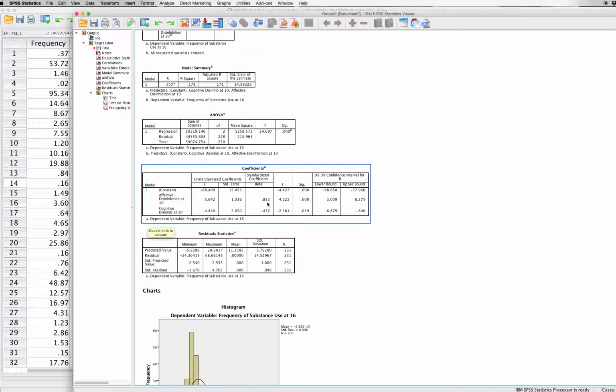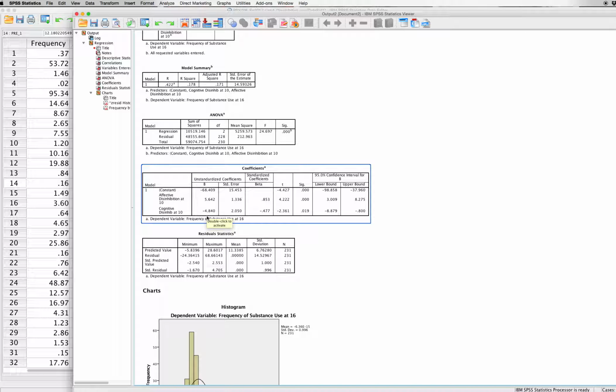We can also interpret the results the same way that we have done in the past. For the cognitive disinhibition line, we would talk about that in the same terms. Controlling for affective disinhibition, a 1 unit increase in cognitive disinhibition would decrease the frequency of substance use by 0.16.